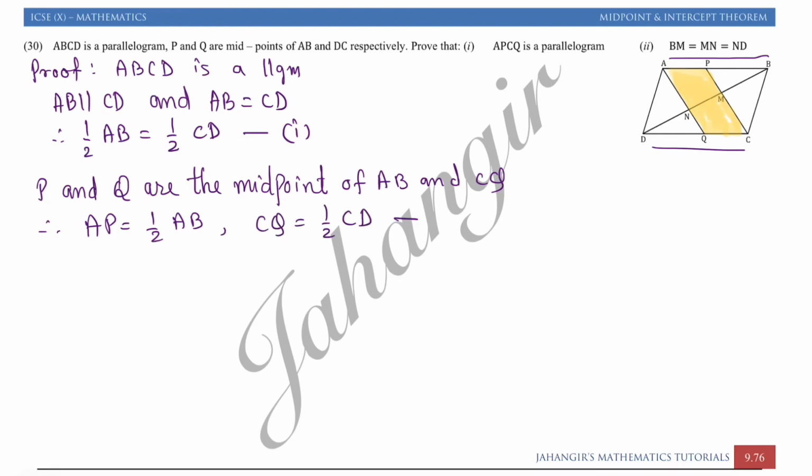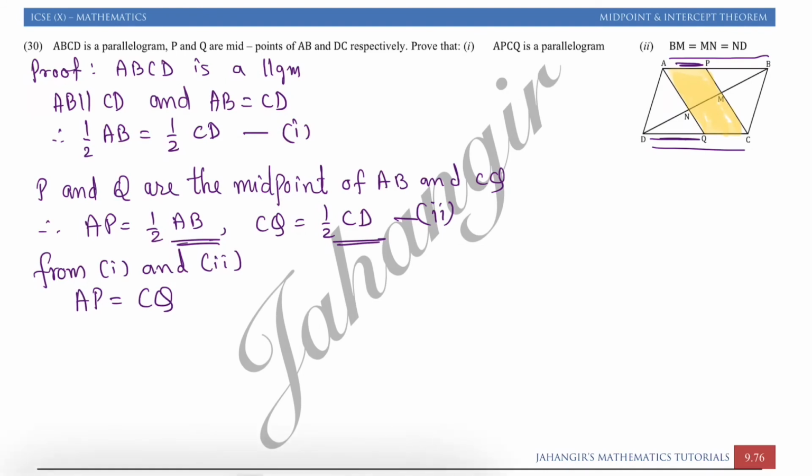So comparing 1 and 2, we can get, see, this CQ is half CD and AP is half AB from 1 and 2. Half AB is equal to half CD. So I can write AP is equal to CQ. So now we can even say AP is parallel to CQ.